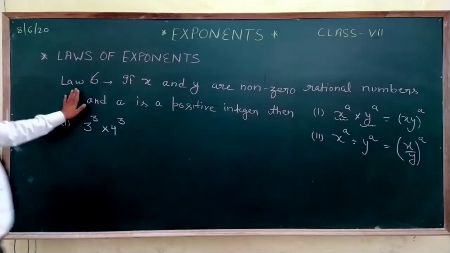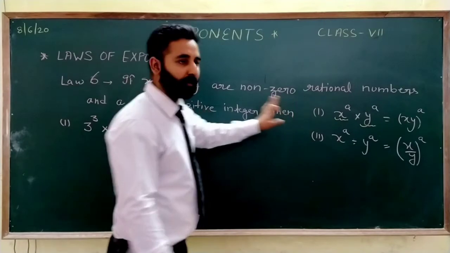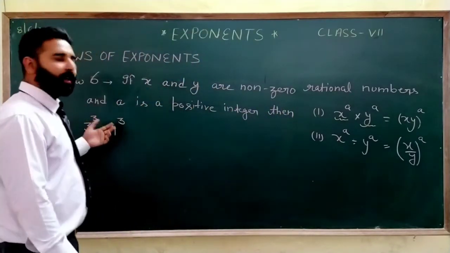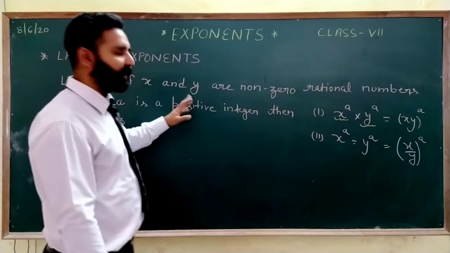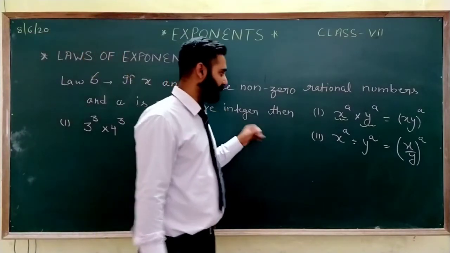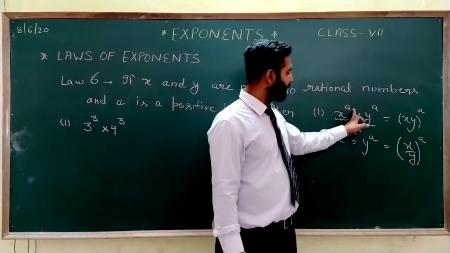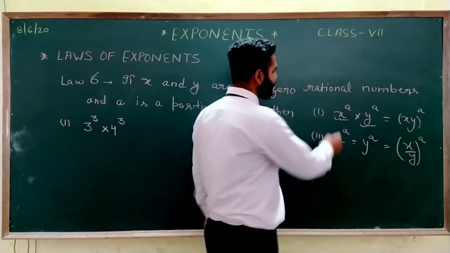Law 6 says if x and y are non-zero rational numbers. Here we are taking two numbers, x and y, which are non-zero, means except 0 we can take any number, and a is a positive integer. Then x raised to power a multiplied by y raised to power a.